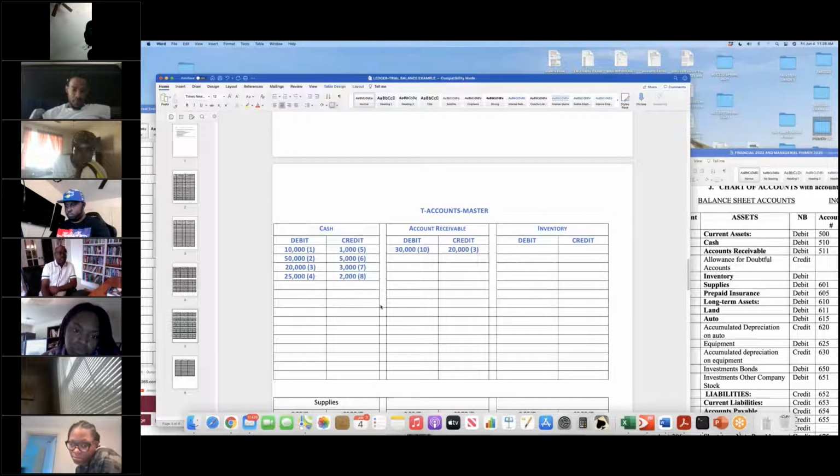So the way we're going to do that, we're going to add up the debits. How much are they? $105,000. Now we're going to add up all the credits, 11. We're going to take the difference and put it on the side of the larger.